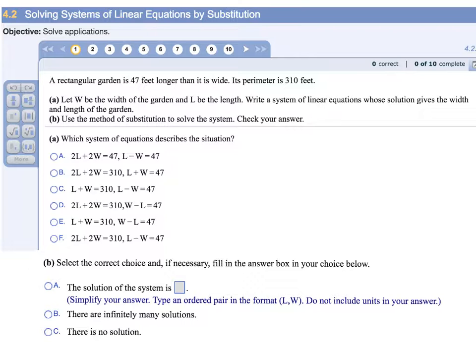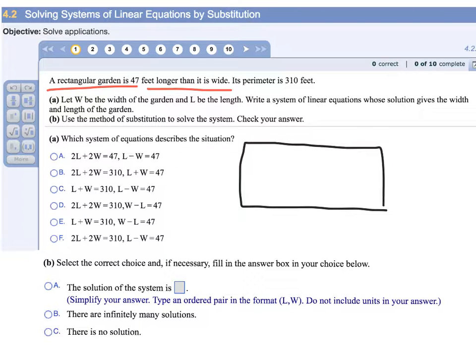So it says that a rectangular garden is 47 feet longer than it is wide. All right, what does that mean? Well, here's your rectangular garden.